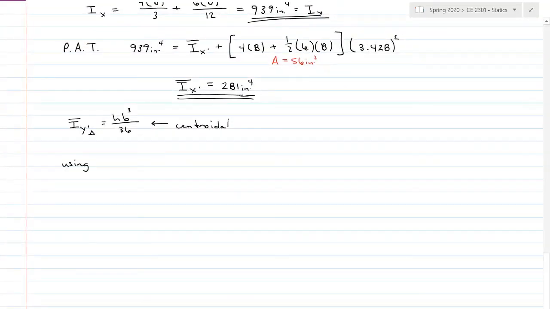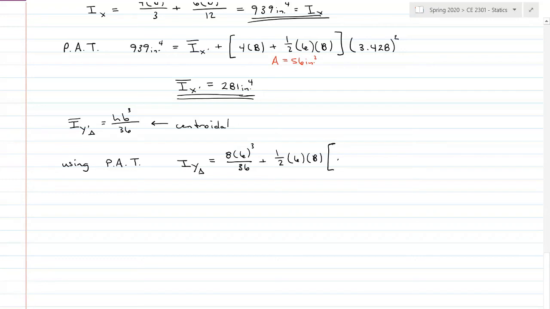So, using the parallel axis theorem, y for the triangle is equal to 8 times 6 cubed divided by 36. So there's my centroidal, plus the area, 1/2 base times height, times the distance I want to travel.